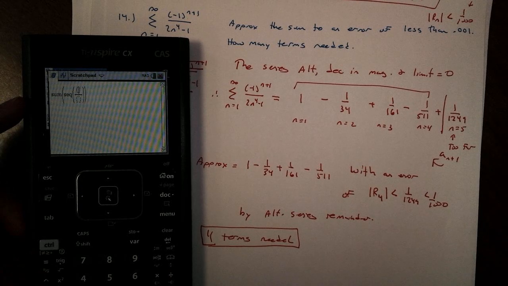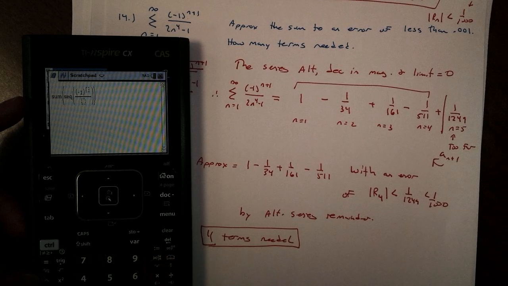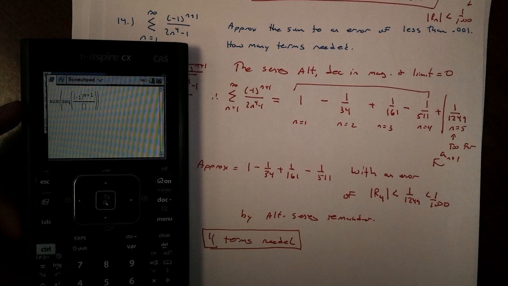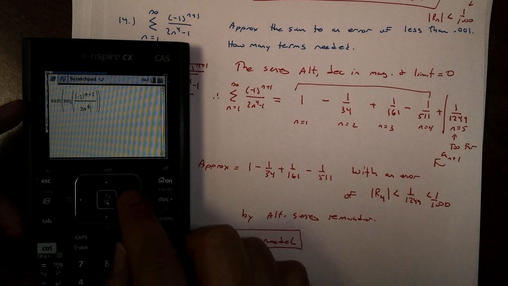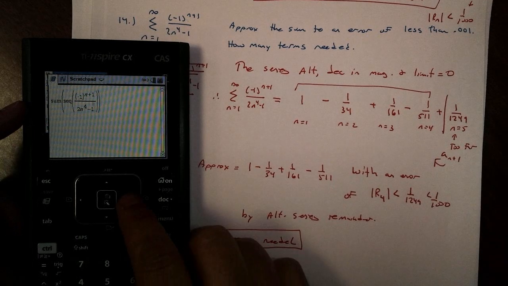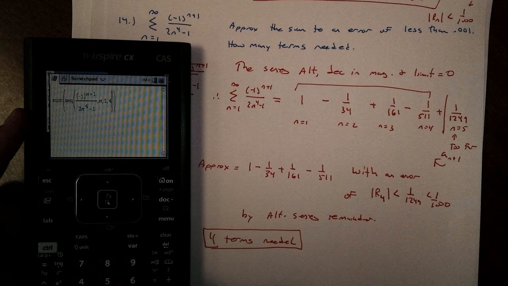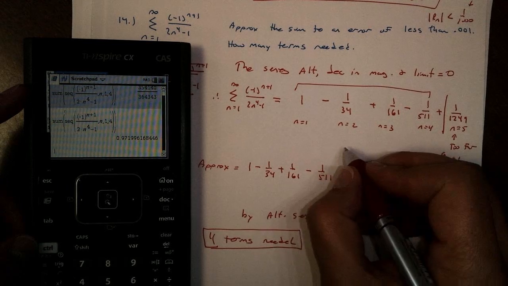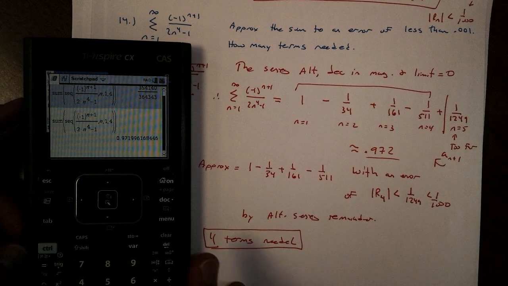This becomes negative 1 to the n plus 1 over quantity 2n caret 4 minus 1, comma n, comma 1, comma, we want 4 terms, and we'll convert that to a decimal, and we get about 0.972, roughly, if you go up 3 decimal places.